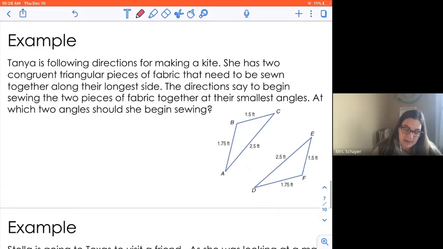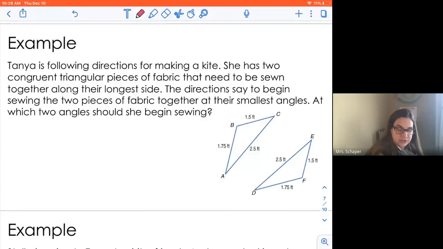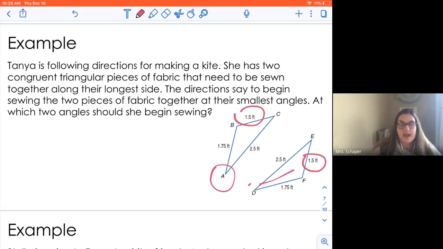Tanya is following directions for making a kite. She has two congruent triangular pieces of fabric that need to be sewn. The directions say to begin sewing the two pieces together at their smallest angles. Which two angles would she begin sewing? My smallest side here is 1.5, so it's going to be angle A. 1.5 is my small side, so angle D. Really looking at those connections.